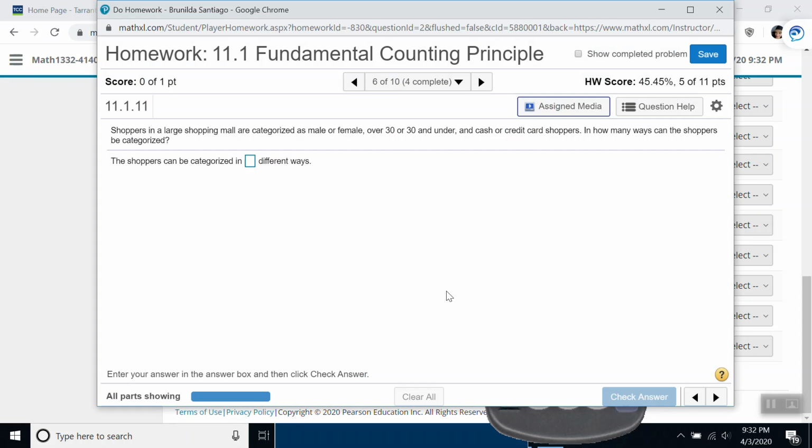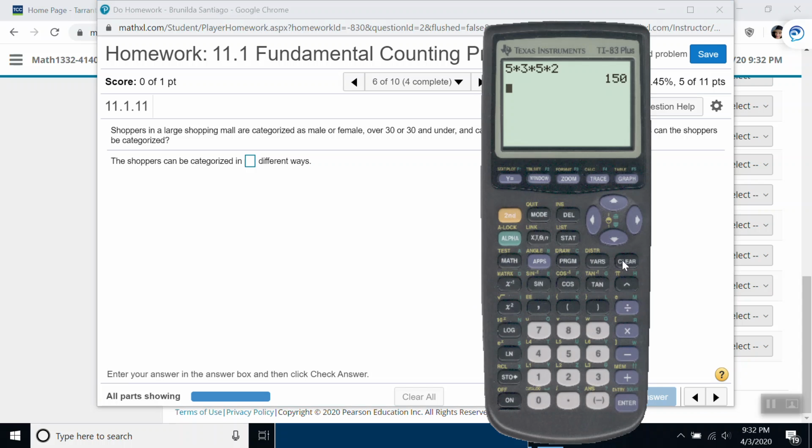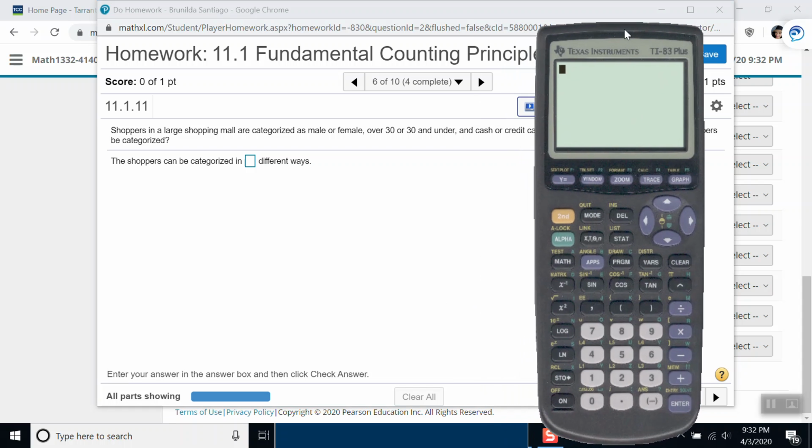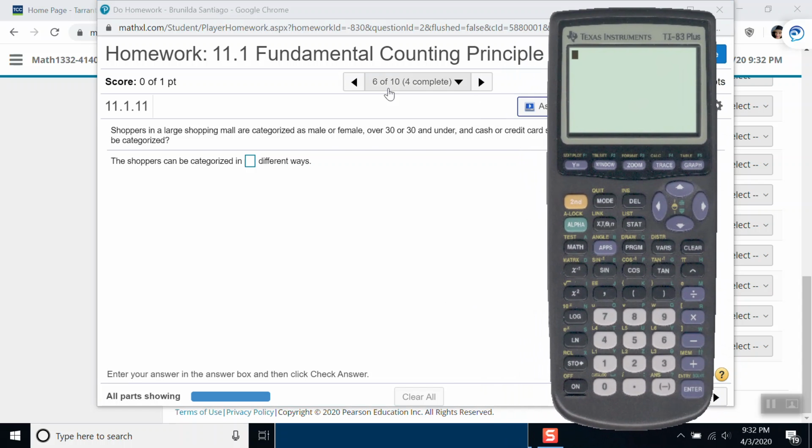Shoppers in a large shopping mall are categorized as male or female, over 30 or 30 and under, and cash or credit card shoppers. In how many ways can the shoppers be categorized? Okay, so we'll do this one carefully. We have male or female, those are 2 choices, so 2.